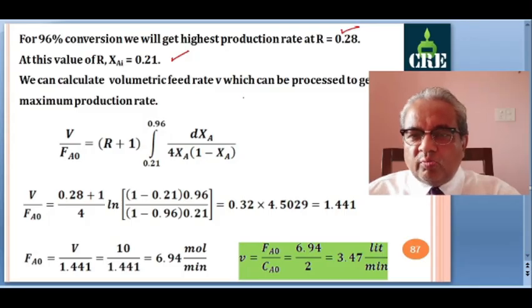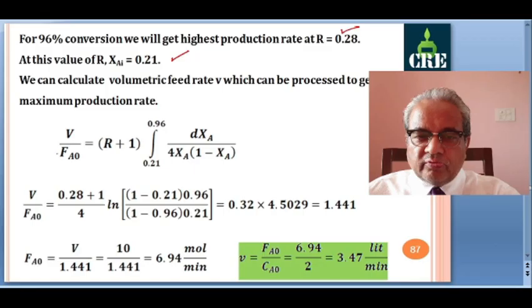So you can calculate the volumetric feed rate v which can be processed to get the maximum feed rate. The recycle reactor model equation is V by FA0 equal to R plus 1 into the integral of dXA by minus rA, which for this problem is 4 XA into 1 minus XA, from XAI 0.21 to 0.96.